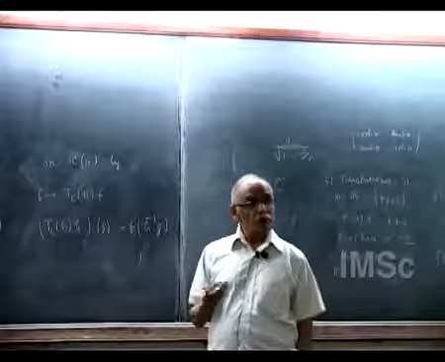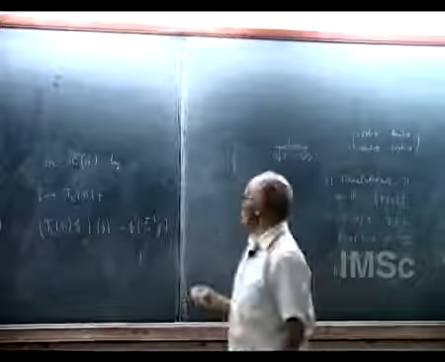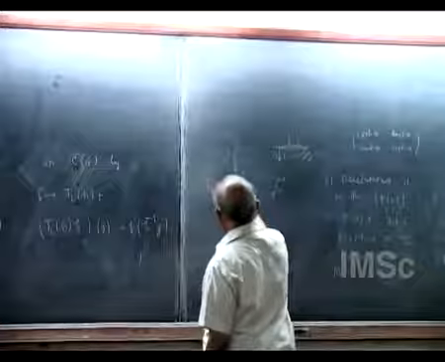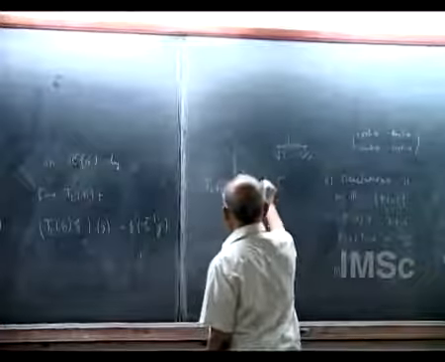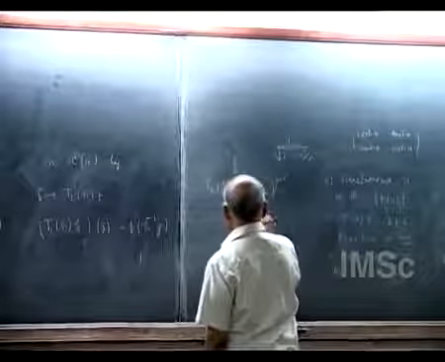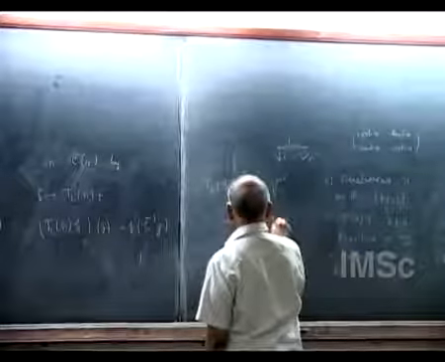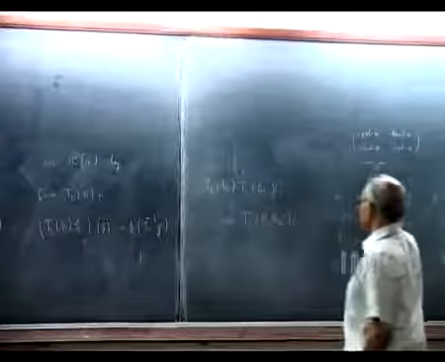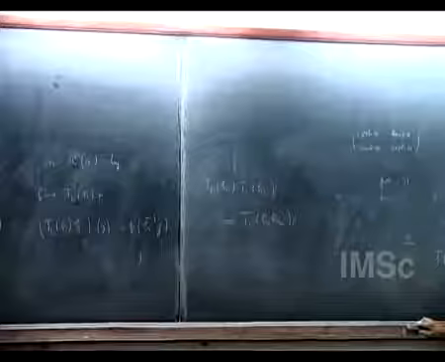I have to show that this is a representation. So you may ask, is it true that TL of H1 TL of H2 is equal to TL of H1 H2? Let us check.